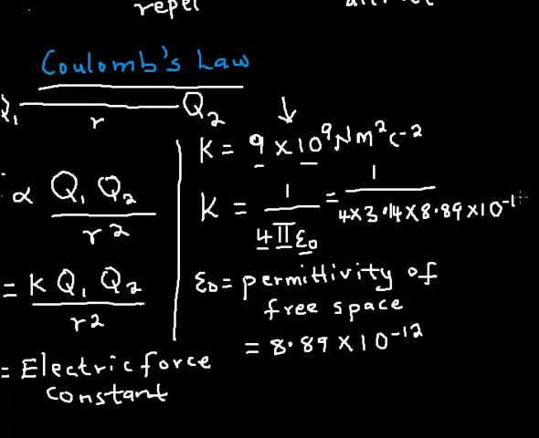Okay, you can do that by yourself. By the time you evaluate this expression, you discover that what you have as an answer will be approximately 9 times 10 raised to the power 9 Newton meter square. Okay, so that is how this constant came about.